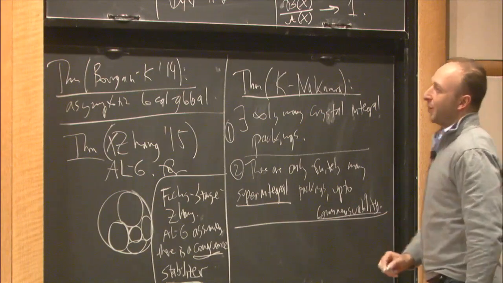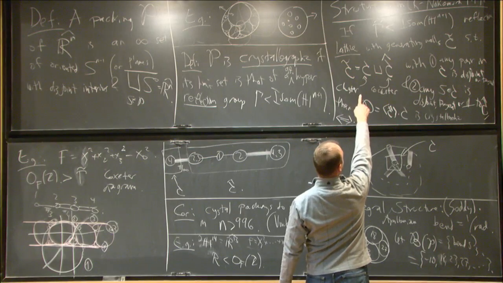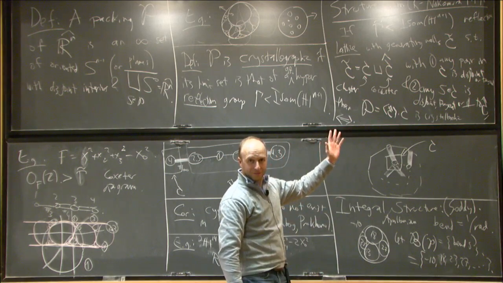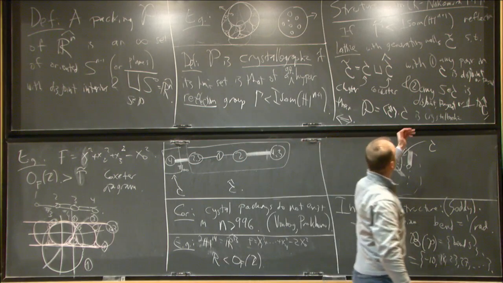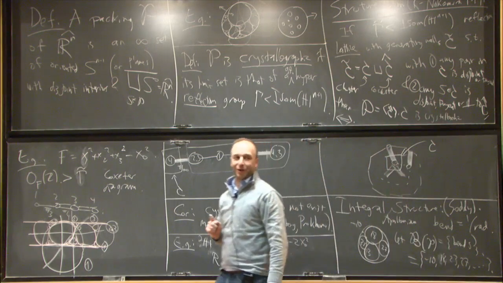First of all, what I mean by up to commensurability: we'll say that two packings are commensurate if these supergroups gamma tilde that come from the structure theorem are commensurate. And then what we really prove is that if a crystallographic packing is superintegral, then this supergroup is actually an arithmetic reflection group.